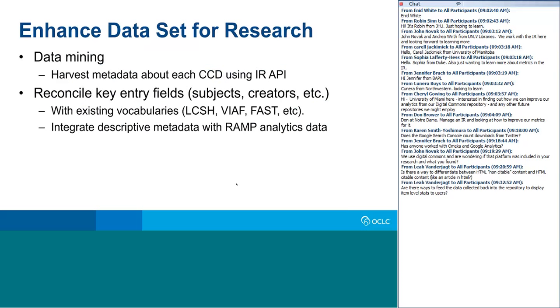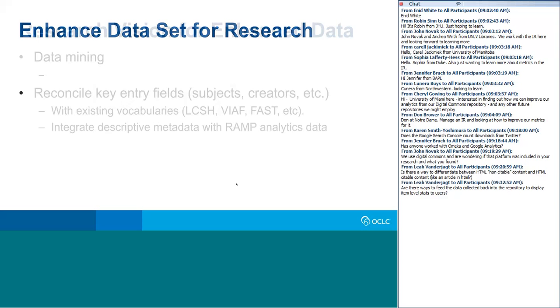Once we have that metadata, we can reconcile the key entry fields, basically normalize the data across the fields. We can reconcile them with existing vocabularies like Library of Congress subject headings, VIAF, or FAST, and we can integrate that descriptive metadata with RAMP analytics data.